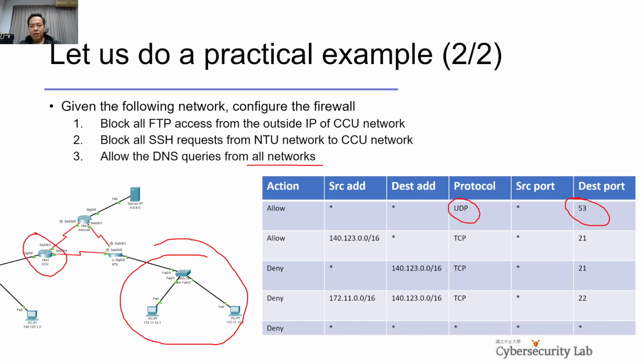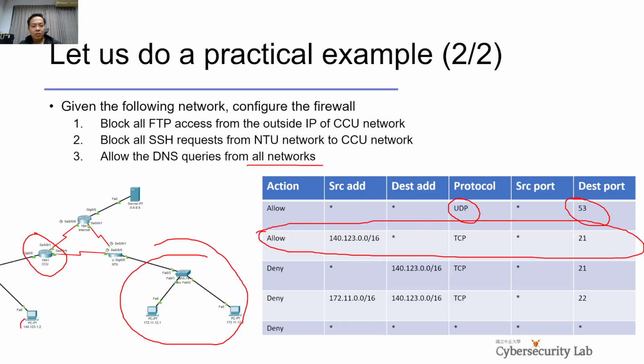Now we can block all the FTP access from the outside. That means the inside we can still allow, right? So we can allow this one from the inside, because our CCU has a network address, this one. After this one we can insert the deny for any outside source, because it's outside, right?